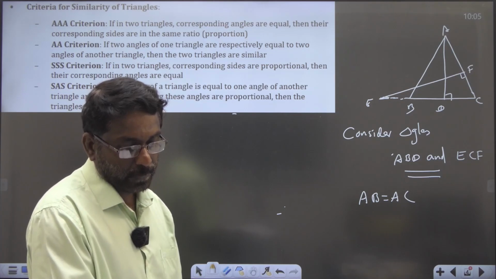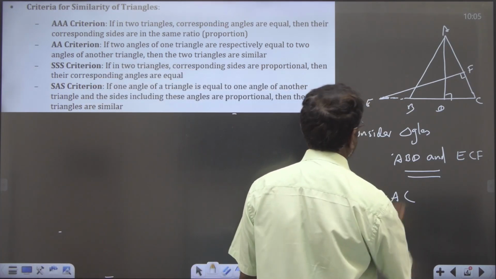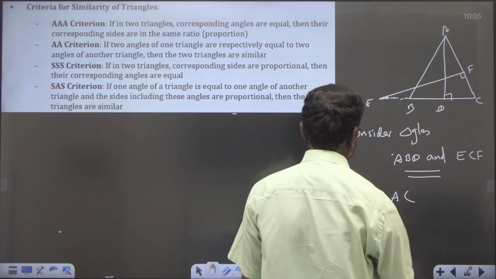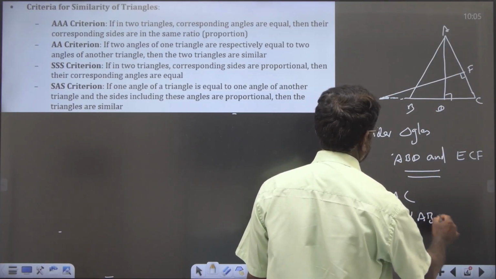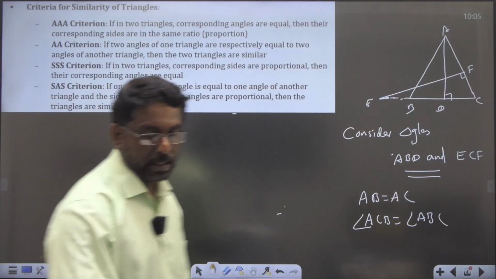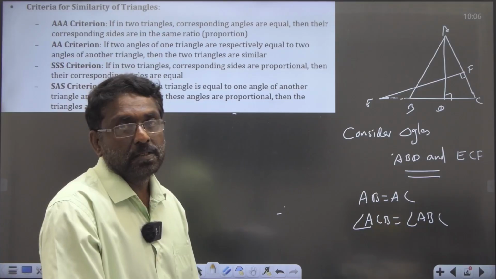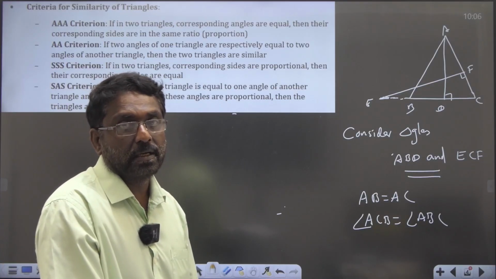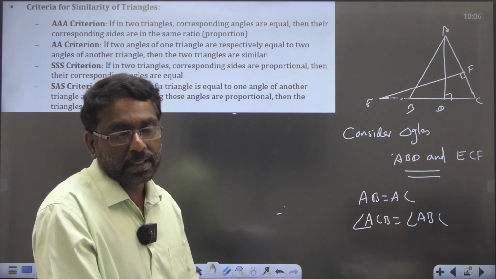That is given. Angle ACB is equal to angle ABC. What is the reason? Base angles of an isosceles triangle are equal in measure. Lower classes you have studied it.